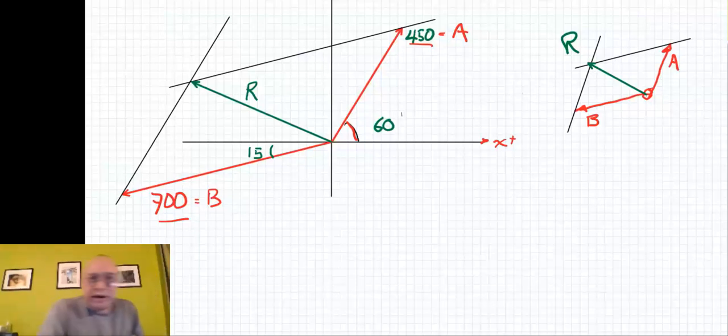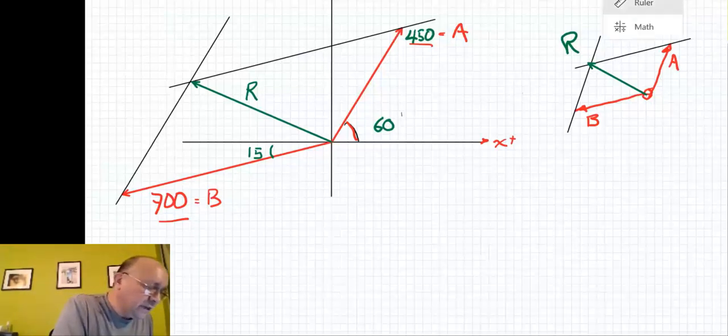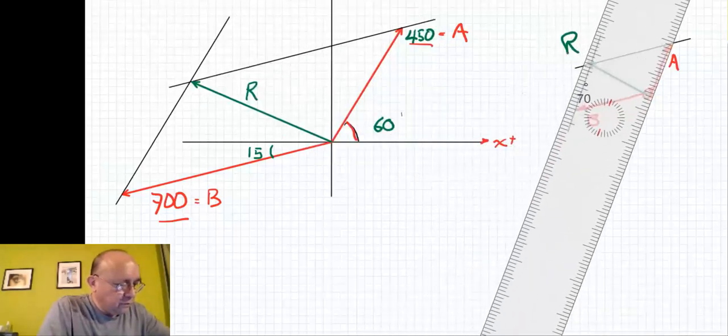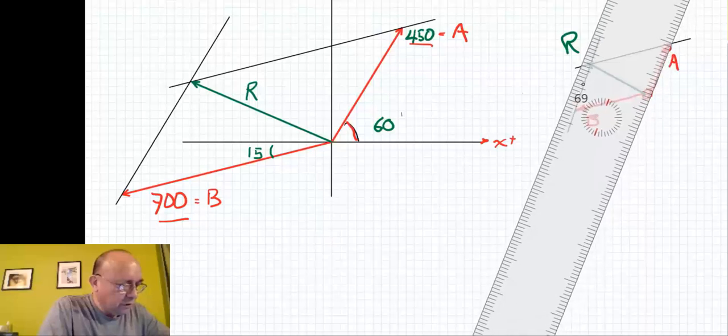The other method is the triangle method, where you draw your first vector. Let's put it here.